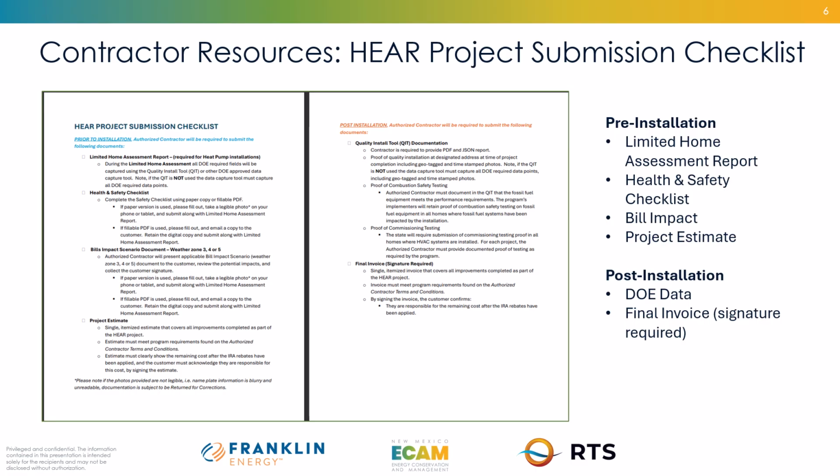This checklist can be utilized for all contractor installed measures. The checklist identifies which documents must be submitted before installation begins and which are required after installation is completed. To accommodate different preferences, this checklist is available in printable and web-based formats. It is not required for upload to the ECAM portal.